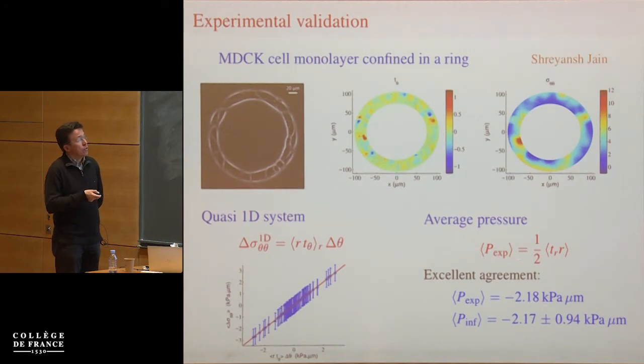So in the case of the pressure, the equation is this one, where we expect the average pressure over space to be equal to 1/2 the first moment of the R component of the traction force data. And we did check indeed that inferred stress values agreed very well with the expected values computed directly from the traction force field.